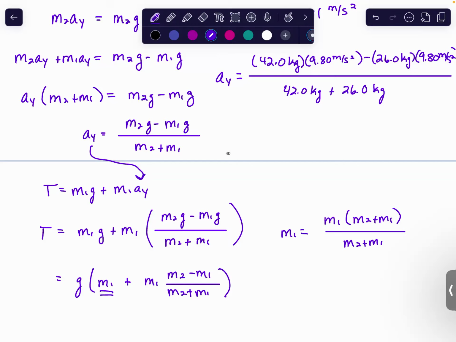That makes it 1. And so what this is going to become, m1 m2, m1 squared. Now we're going to plug that back in for that m1. We're going to end up doing that on both sides.